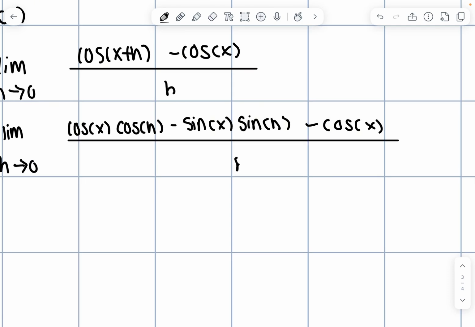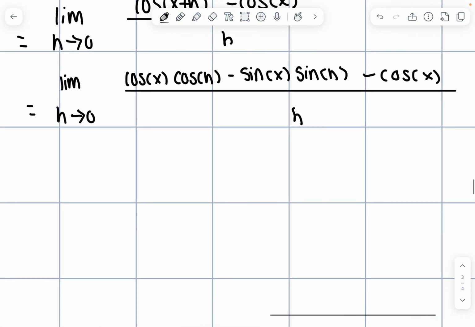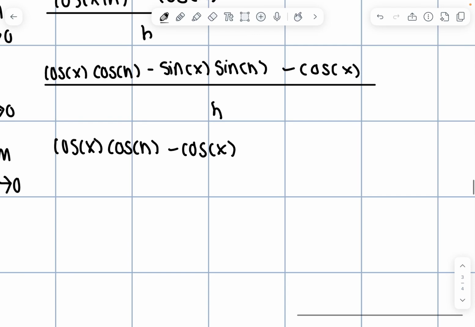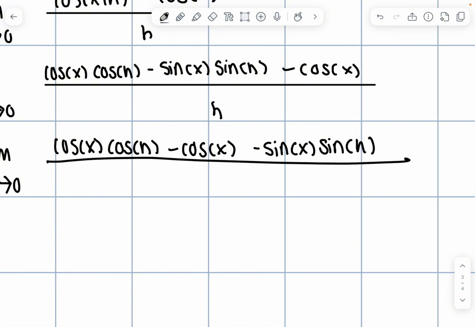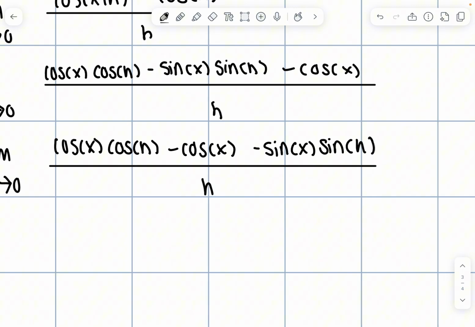There we go. Now once again, we're just going to bring that cosine of x over to this left hand side. So cosine of x, cosine of h, minus cosine of x, minus sine x, sine h, all divided by h. There we go, all divided by h.